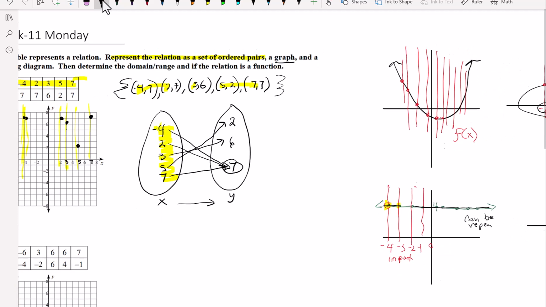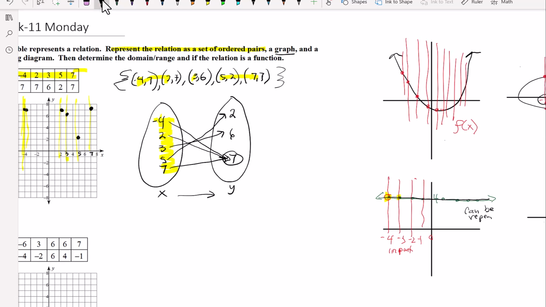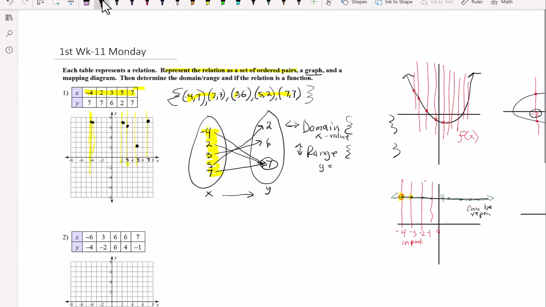Let me go ahead and write domain. You're going to have a list, and then range. The domain are all the x values. Range are all the y values. So this direction, this direction.